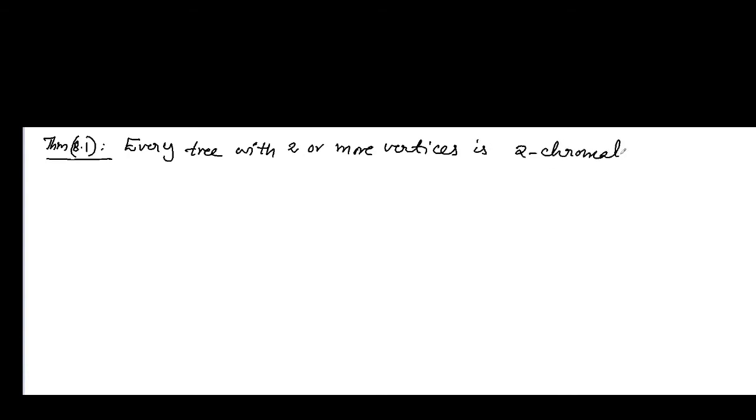This theorem says every tree with 2 or more vertices is 2 chromatic. So here we consider a graph with at least 2 vertices, a tree.